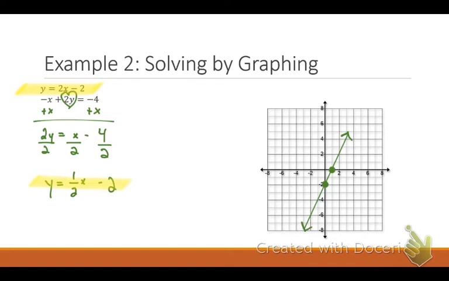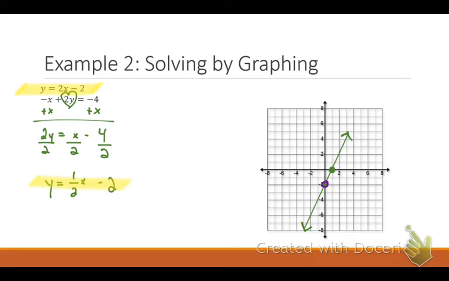Now on my second equation, where does my first point go? Where does it go, guys? On -2 again. So this is really nice because if they share the same point, guess where they're going to cross? On that point. So there's no guessing, right? I know they're going to cross through, but let's go ahead and finish the line.